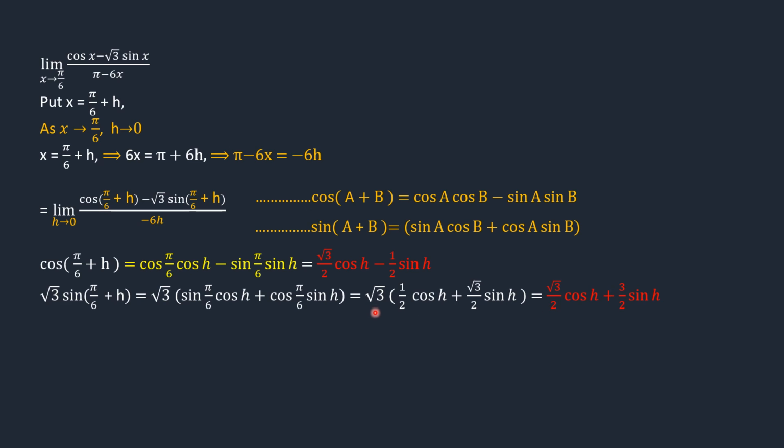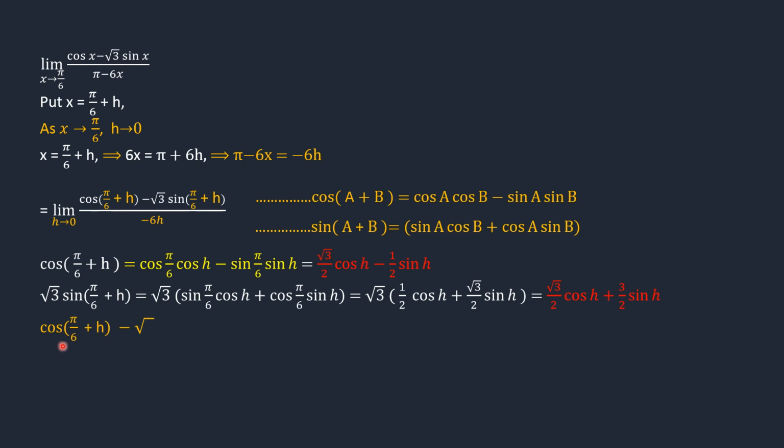Next, root 3 into half will be root 3 by 2, and root 3 into root 3 will be 3 by 2. So this will be the value of root 3 sin pi by 6 plus h. Next we will write the whole numerator together by using these two values.